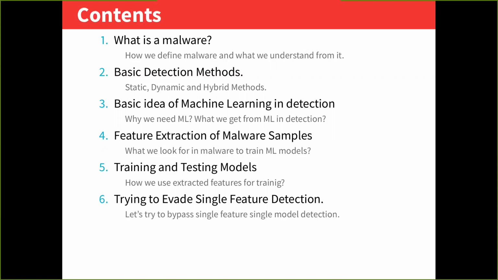Then we will see how we can evade these single model detections. So first we will get to the training part. We will create our own model and we will train it. And I have some demos for you guys so that we can see how it actually works. And then we will try to evade those single model detections.